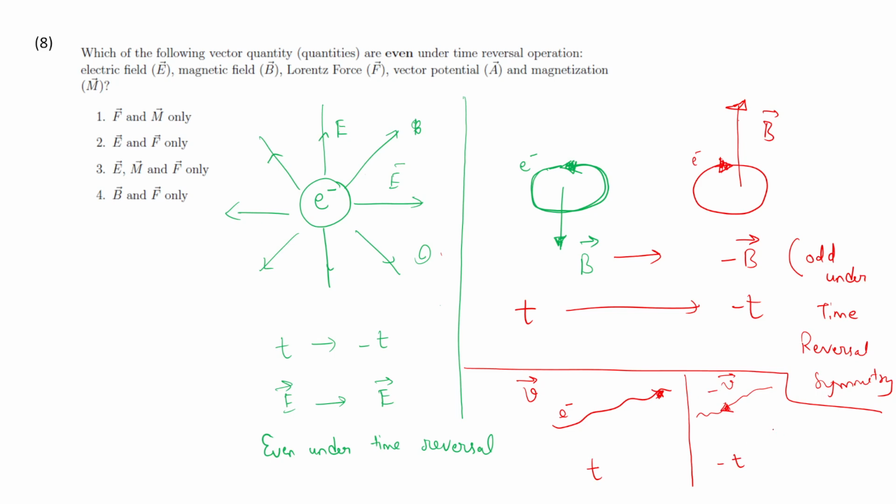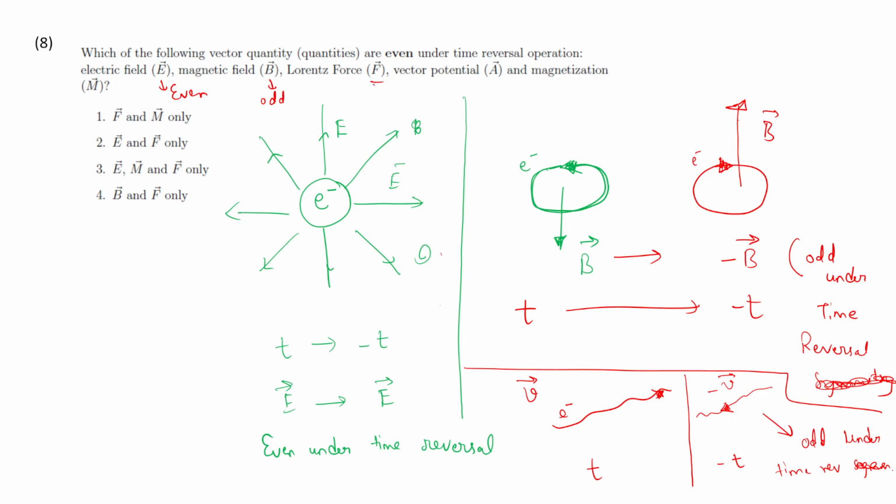So velocity is also odd under time reversal symmetry. So now see what we learned: this is even, this is odd.